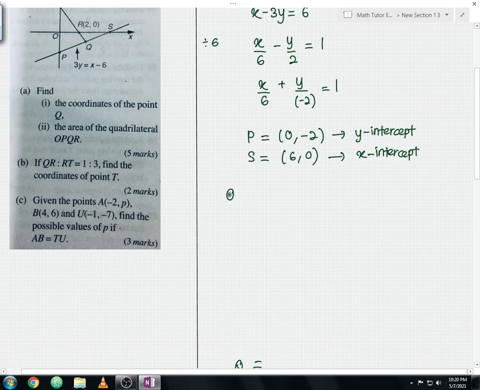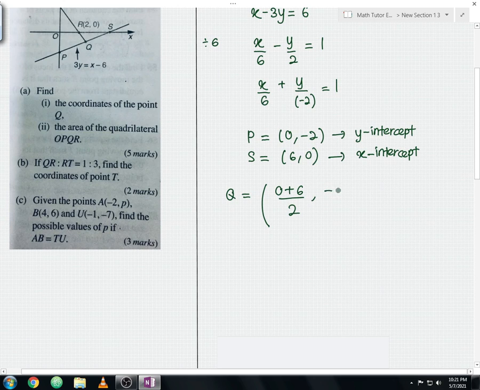So from here, coordinate Q will be equal to, since it's the midpoint, the x coordinates you plus them together and divide by 2. So 0 plus 6, and then divide by 2, and then comma. Similar thing for the y coordinate as well.